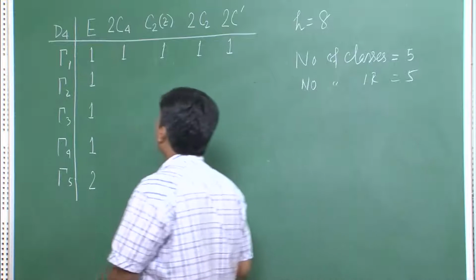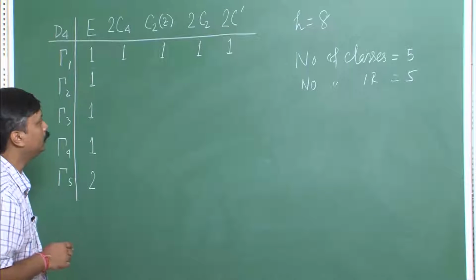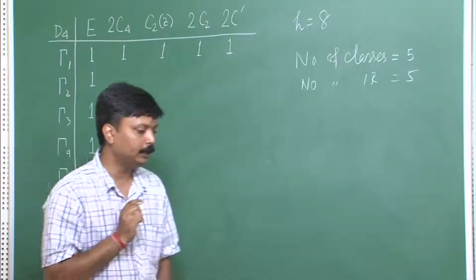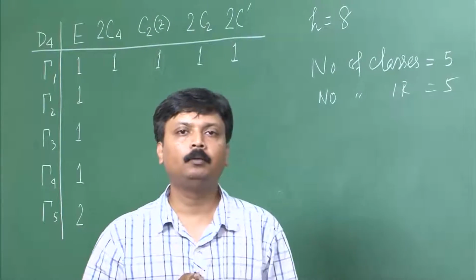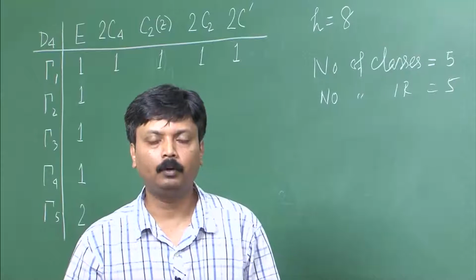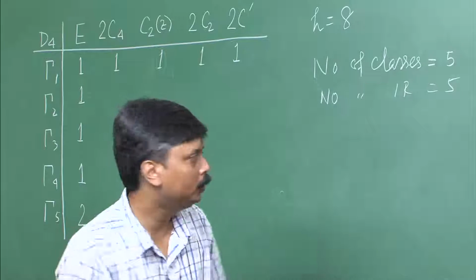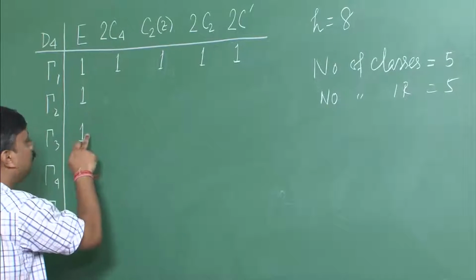Regarding the one-dimensional irreducible representations, we can do that very easily, because what we have to consider is that any two irreducible representations will be orthogonal unless we are considering the same irreducible representation. So, gamma 1 and gamma 2 will be orthogonal, gamma 2 and gamma 3 will be orthogonal.